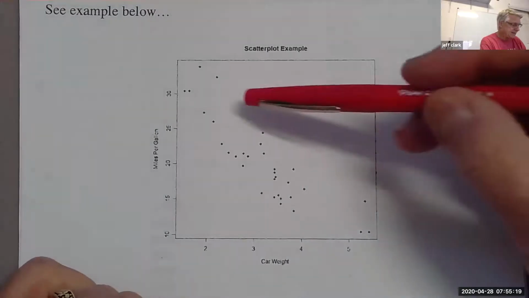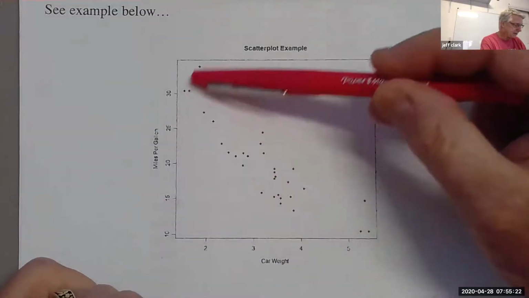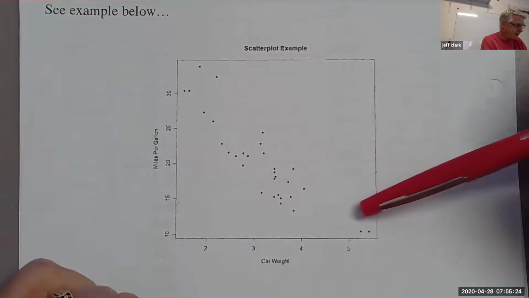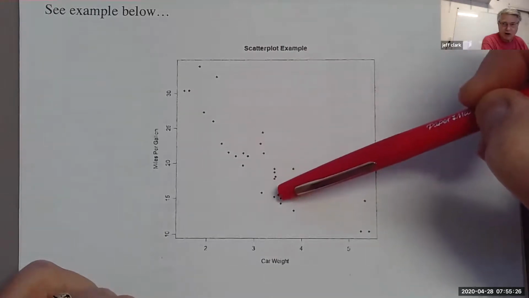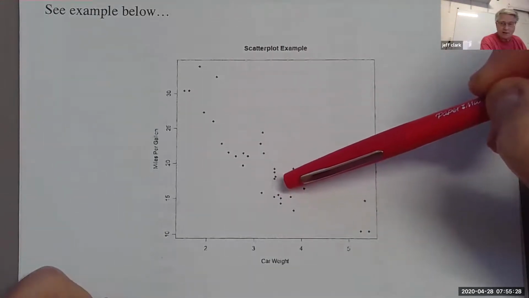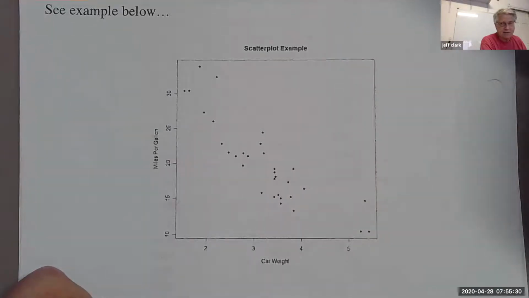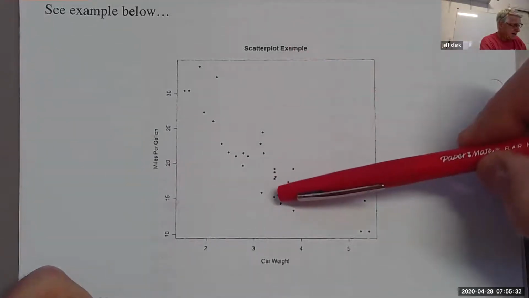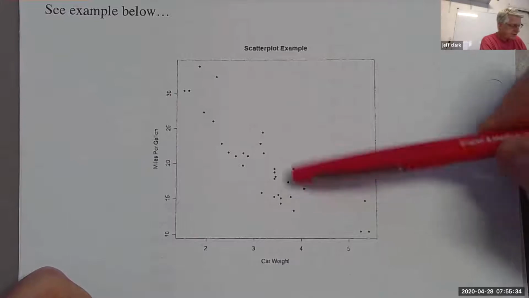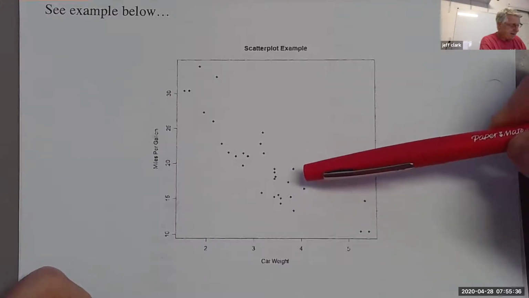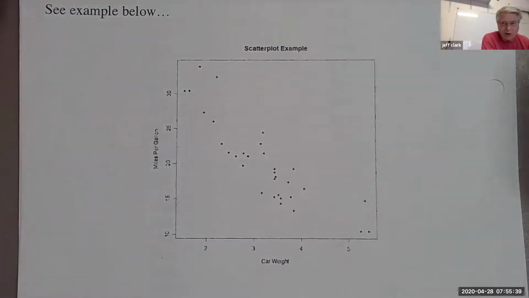And in this dot plot, there would be maybe about 40 examples of cars and their weights, and someone went out and tested to see what the gas mileage was. They're all over the map. But what you're going to be looking at is, does it look like it follows some sort of a line, some linear line?